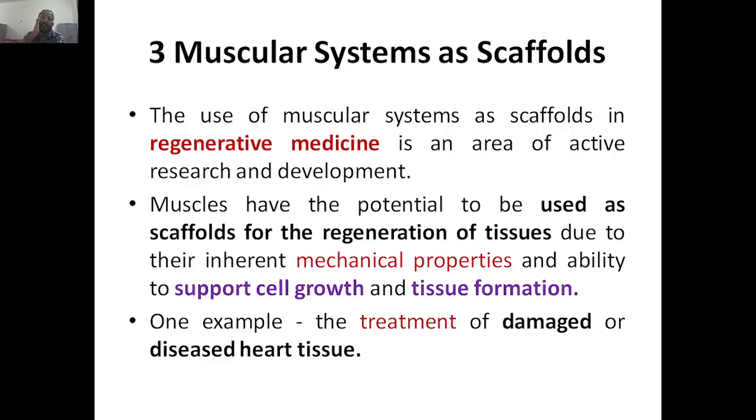So scaffolds, he has to make the structures which look like this, okay, and he has to get the cells which are healthy cells in and around here or from here and insert the cells in the scaffold, that is a muscular system. In 3D printing of the bones and ears and all, we have discussed enough about these topics, okay. When you introduce the cells in the scaffold, the things will start developing, the cells will start differentiating, and finally it will become a tissue.